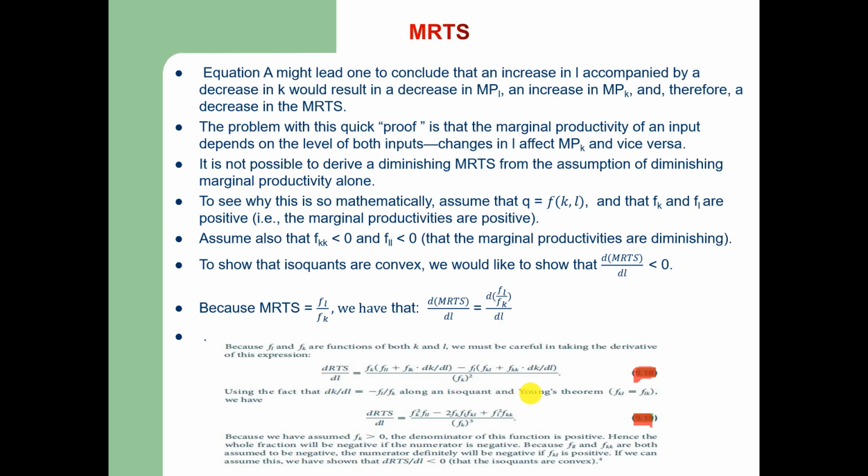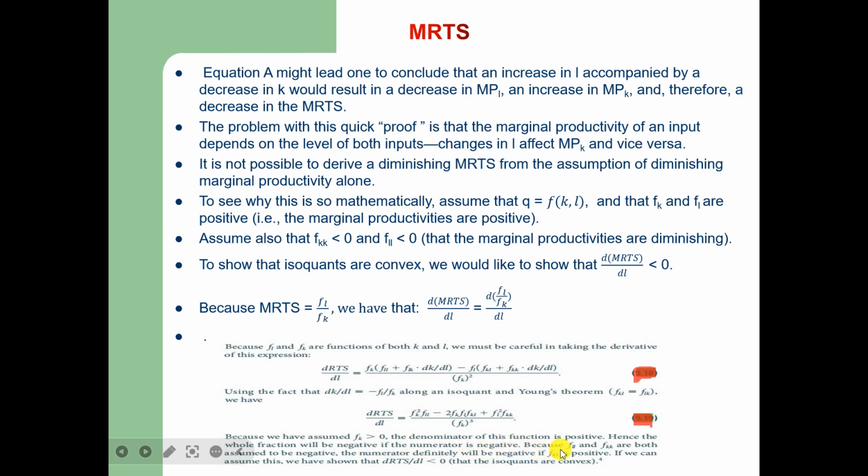And according to Young's theorem, the second order cross partial derivatives are equal. So, the change in marginal rate of technical substitution with respect to labor is equal to this. Since we know that marginal productivity of capital is greater than 0 and the denominator of this function is positive, hence the whole function will be negative if the numerator is negative.